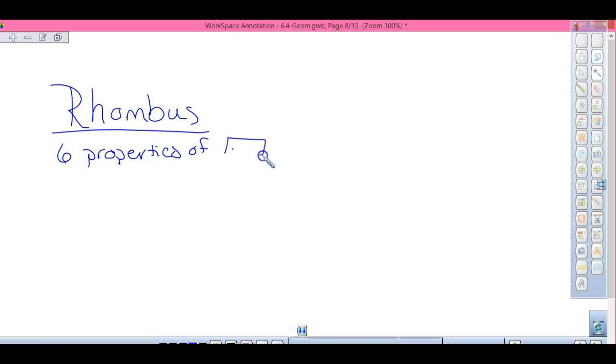This is how you do parallelogram. Plus, what? The diagonals are perpendicular.